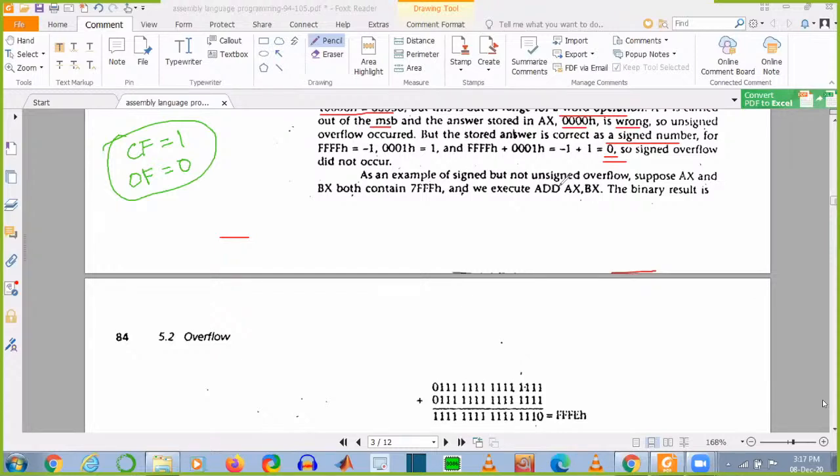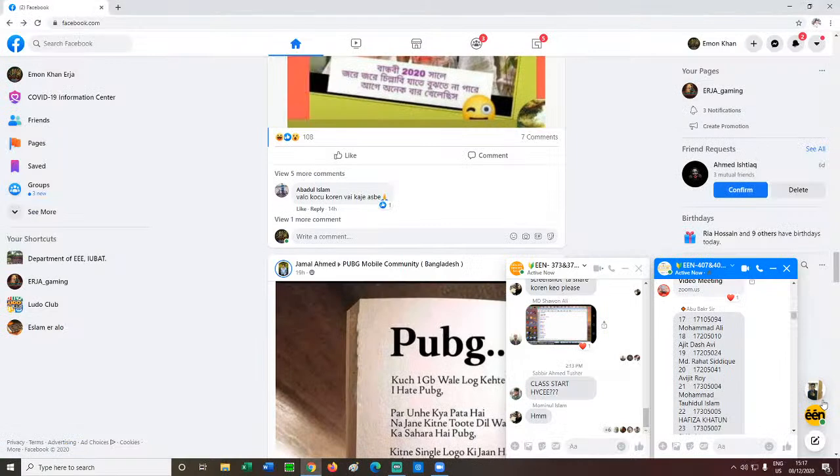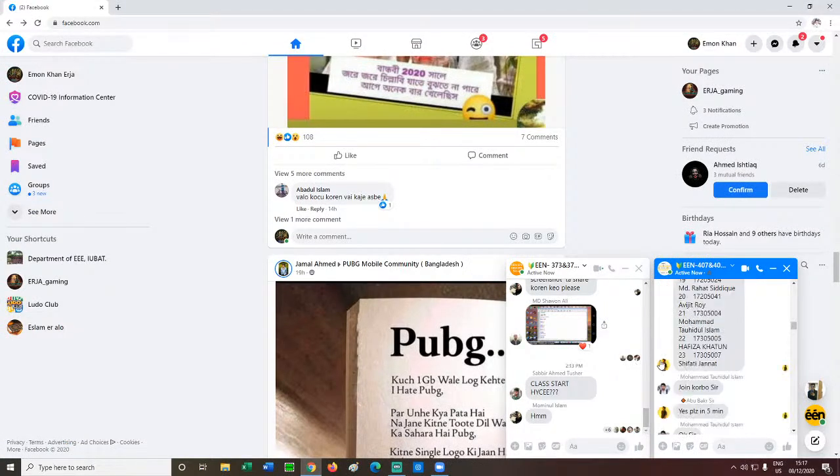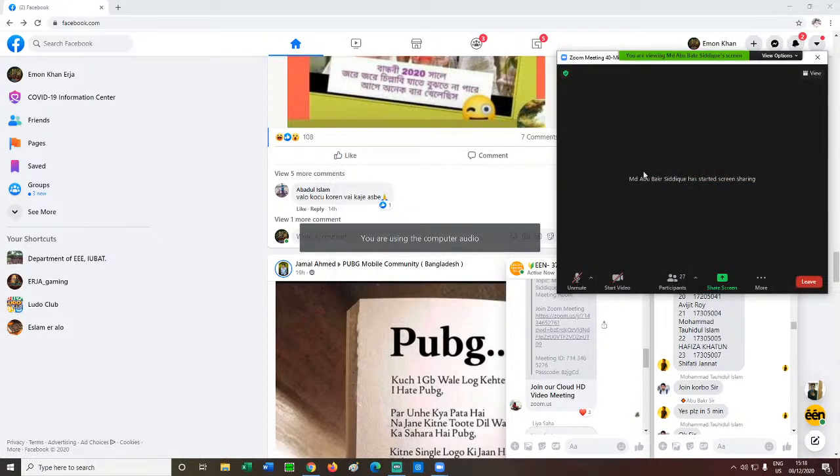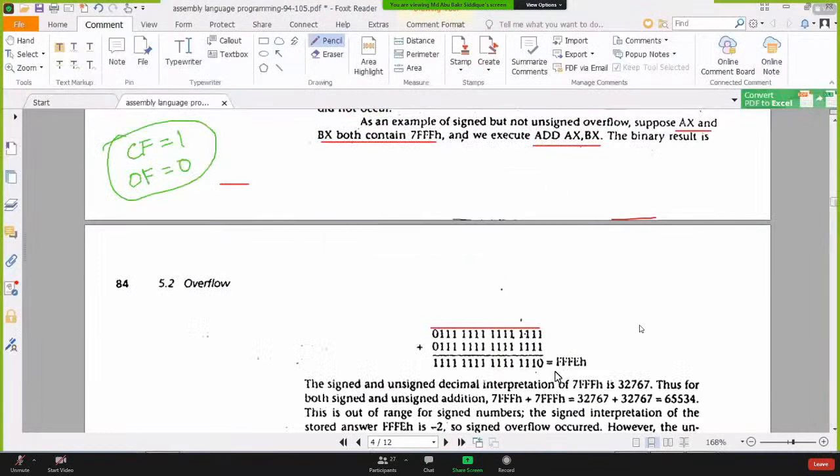Suppose AX and BX both contain 7FFF hex, and we execute ADD AX, BX. Then you get FFFE, that is my result.